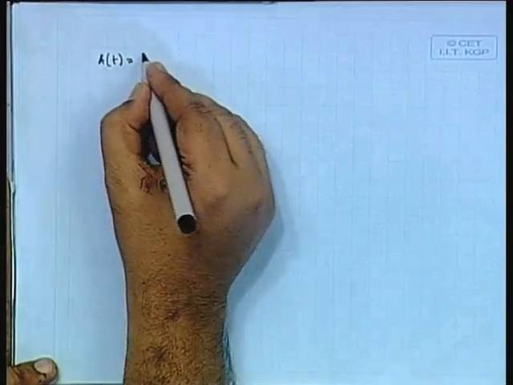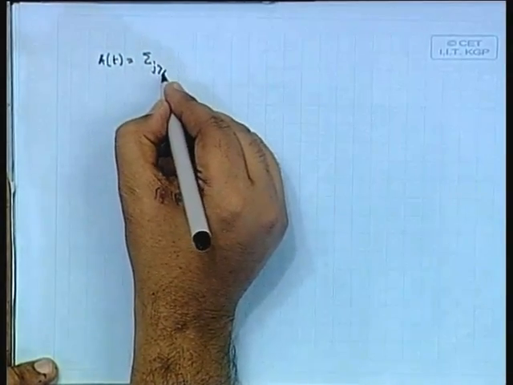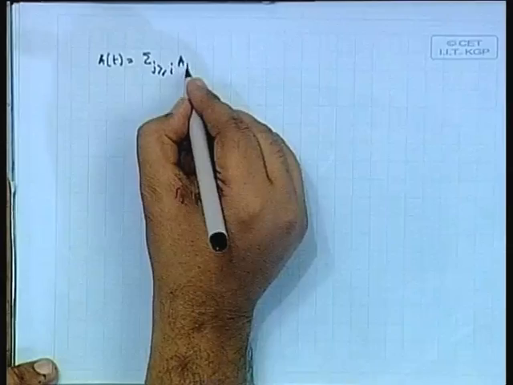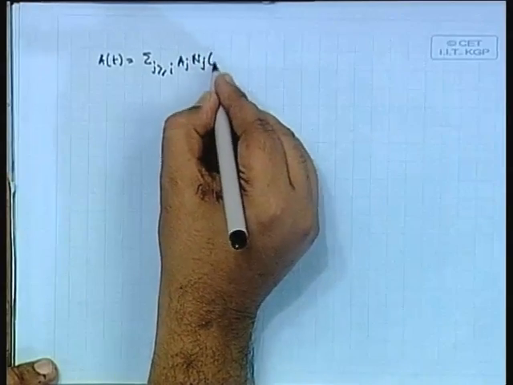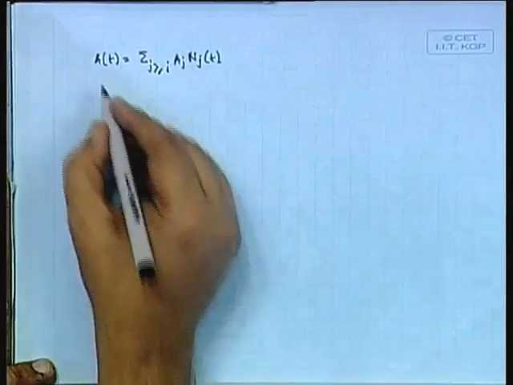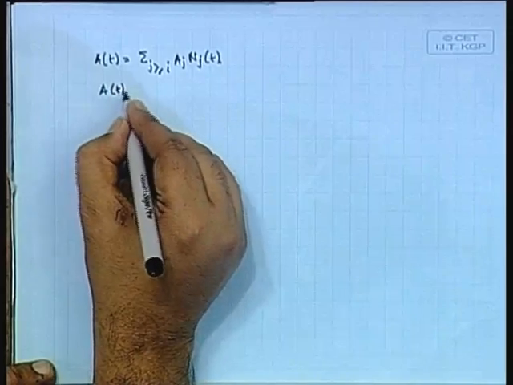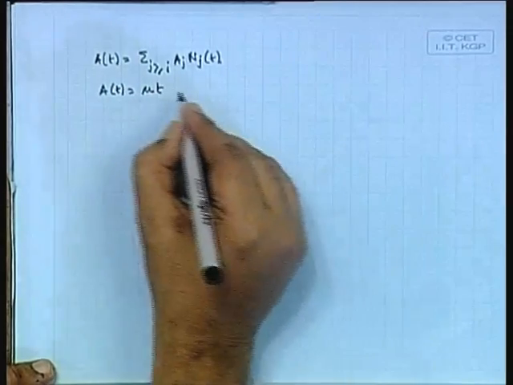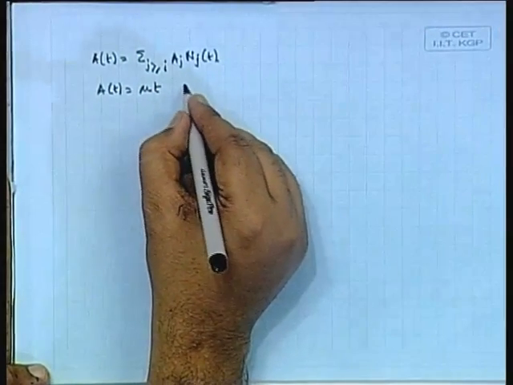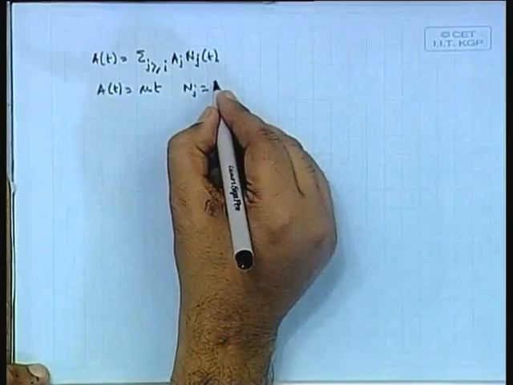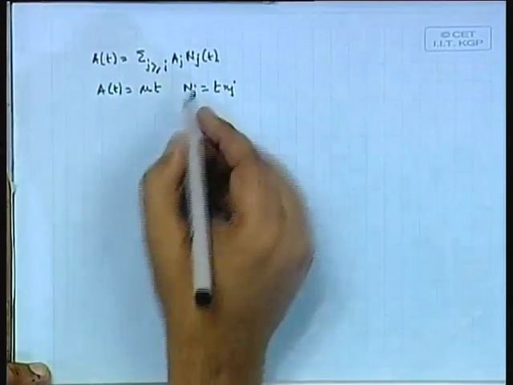A t is equal to summation over j, and A t is equal to mu t. So, you put and n_j is equal to t n_j.